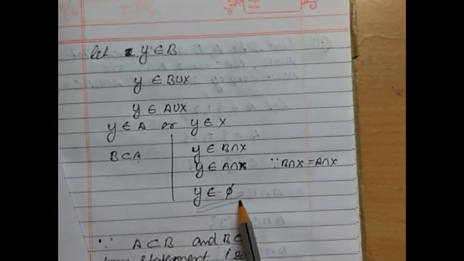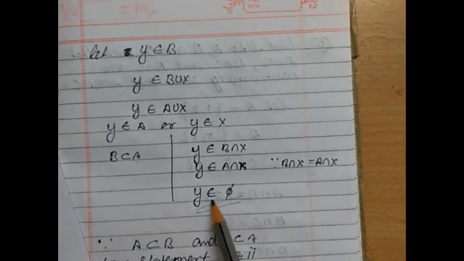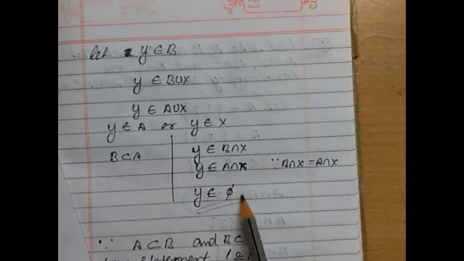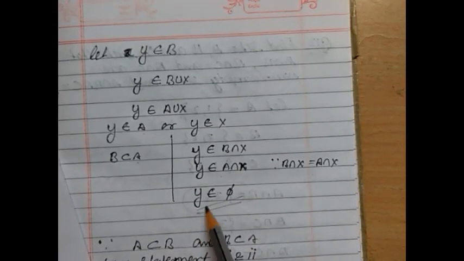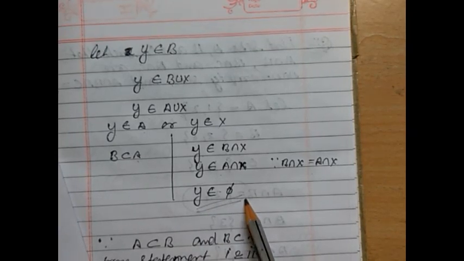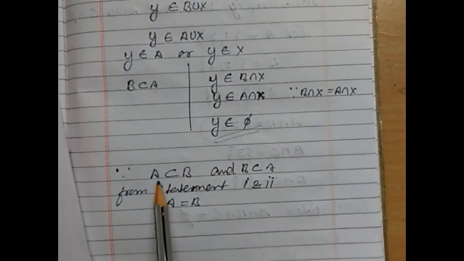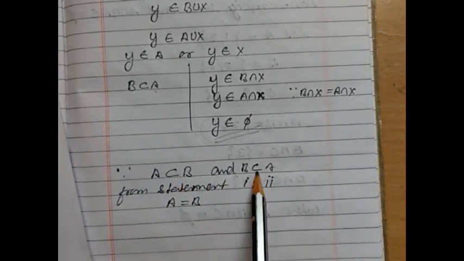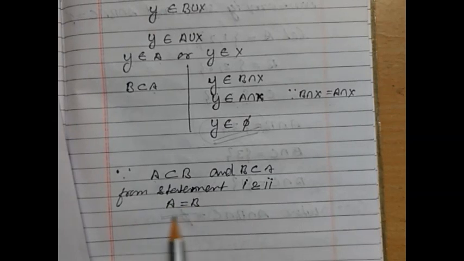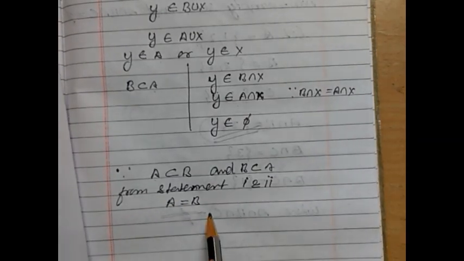So again y belongs to the empty set, and there is no such element y present in the empty set. So we have shown both conditions, that A is a subset of B and B is a subset of A. From statements 1 and 2 we can say A is equal to B.